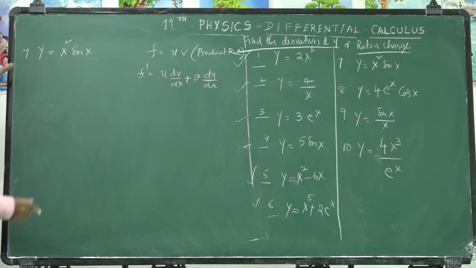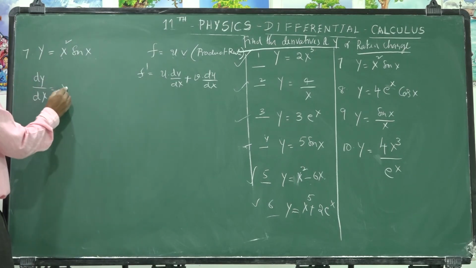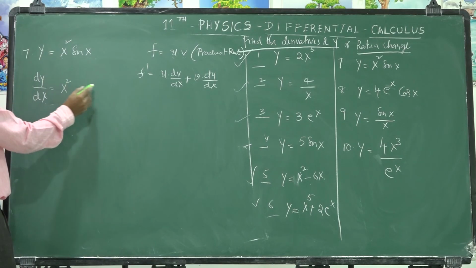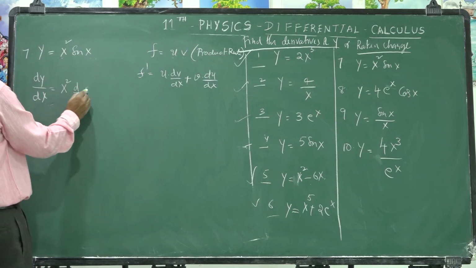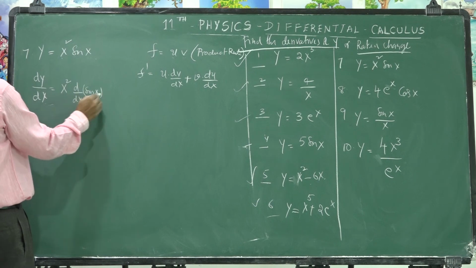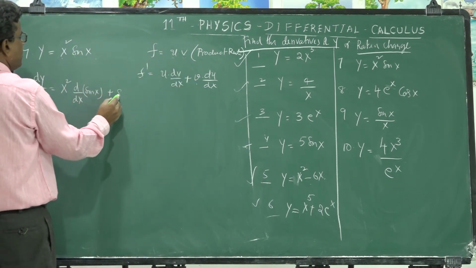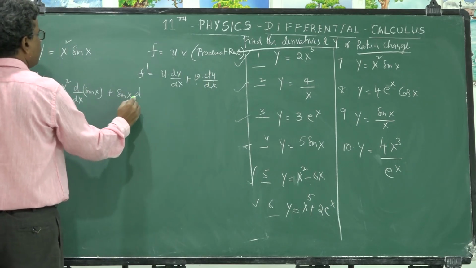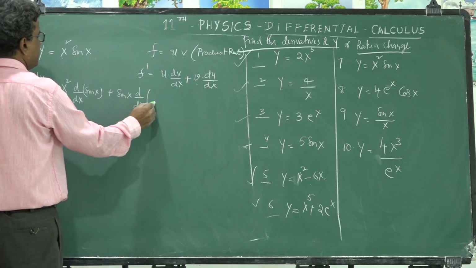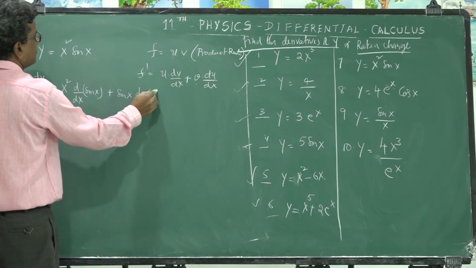Use this formula. So dy by dx is equal to the first function u, x square, which you keep as it is. Next, d by dx of the second function is sin x, plus v, the second function, which you keep as it is, sin x, and the derivative d by dx of the first function, that is x square.